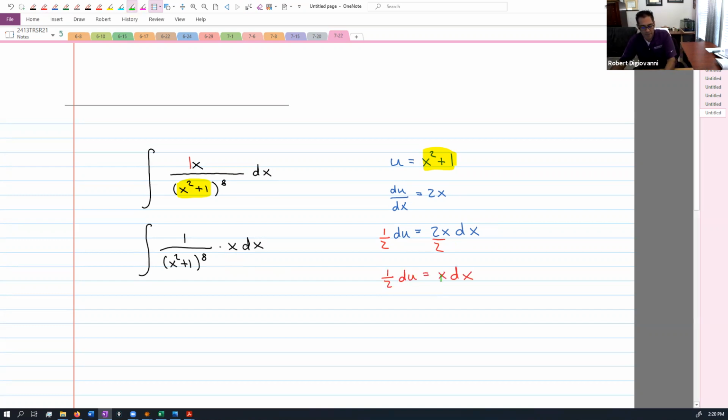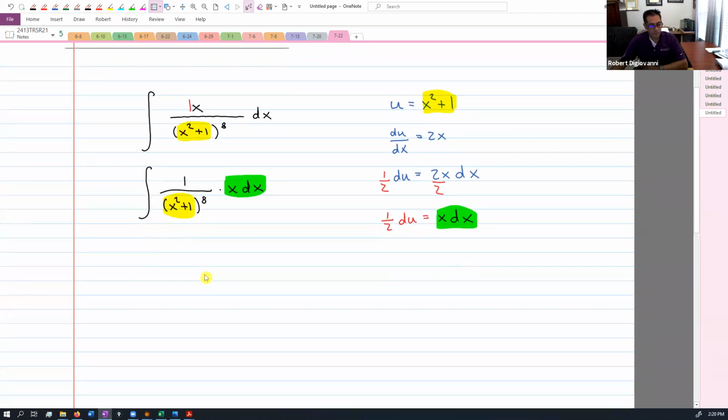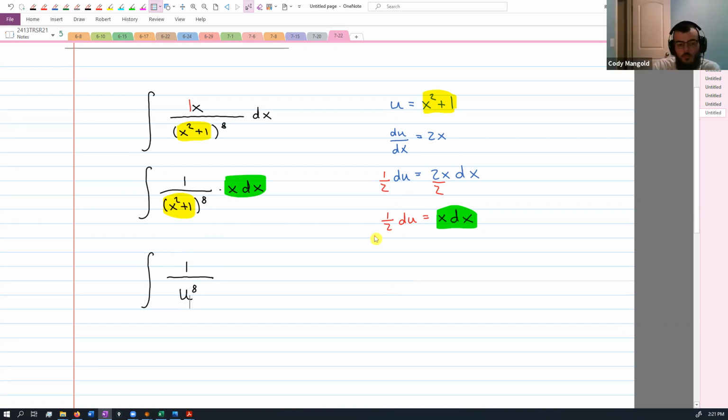And now they match. So how does that change things? When I rewrite this, I'll go 1 over u to the 8th, but the green part gets replaced with what? 1/2 du.